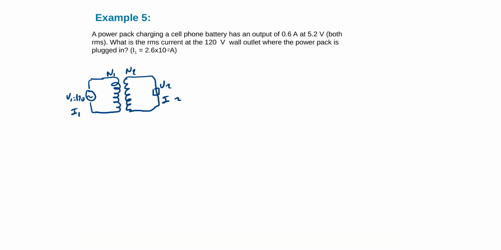In this one, you're given V2 as 5.2 volts, I2 as 0.6 ampere, to find I1, and you're given V1 as 120 volt. That's all. Number of turns are not involved, and you're gonna use V1 I1 is equal to V2 I2. Simple as that. And this should be your answer. Work it through and make sure you find the answer.